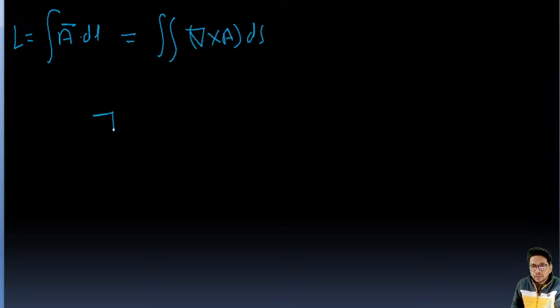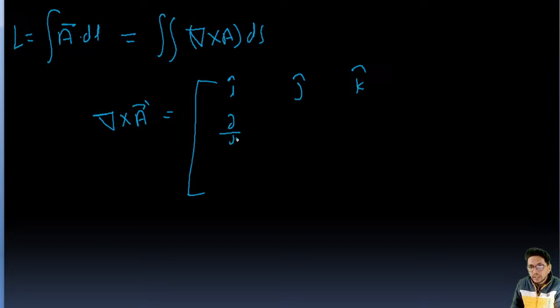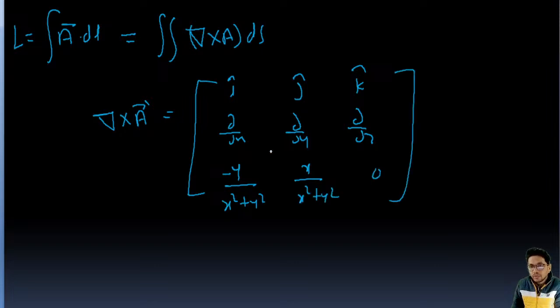So the curl of A is the determinant with i cap, j cap, k cap, then del over del x, del over del y, del over del z, and then the components: minus y upon x square plus y square, x upon x square plus y square, and 0.